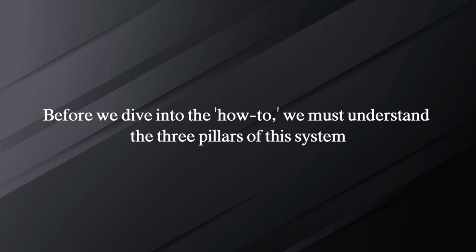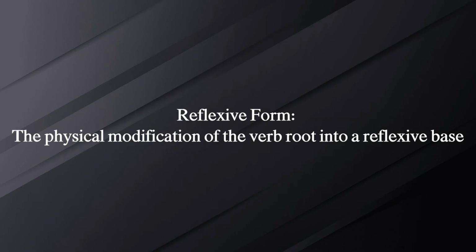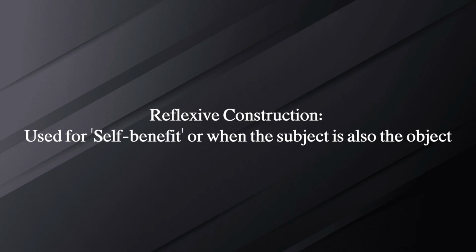Before we dive into the how-to, we must understand the three pillars of this system. 1. Reflexive form, the physical modification of the verb root into a reflexive base. Second one, reflexive construction, used for self-benefit or when the subject is also the object.